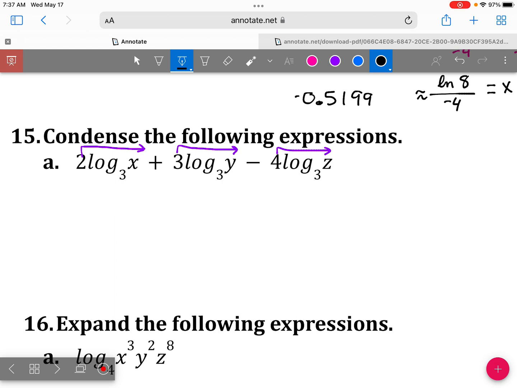So this is going to become log base 3 of x squared, and log base 3 of y cubed, and log base 3 of z to the 4th. So each of those multipliers, each of those coefficients becomes a power.